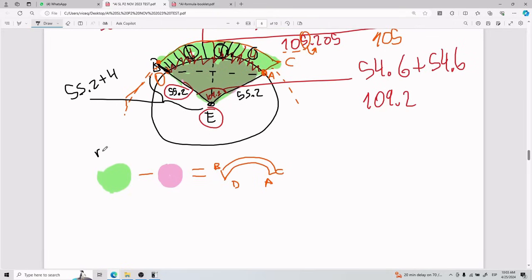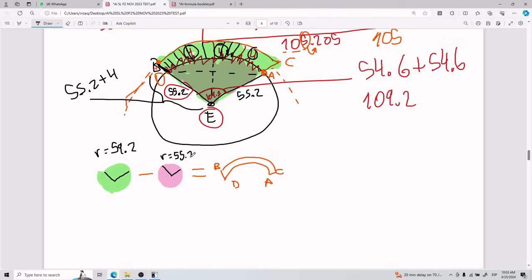So the radius of this big circle is going to be 55.2 plus 4. It's going to be 59. Oops, that is 49. Lol. It's going to be 59.2. Well, the radius of this smaller one is our classic 55.2.